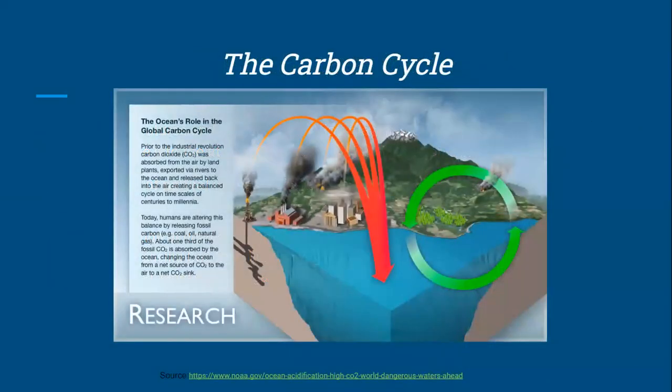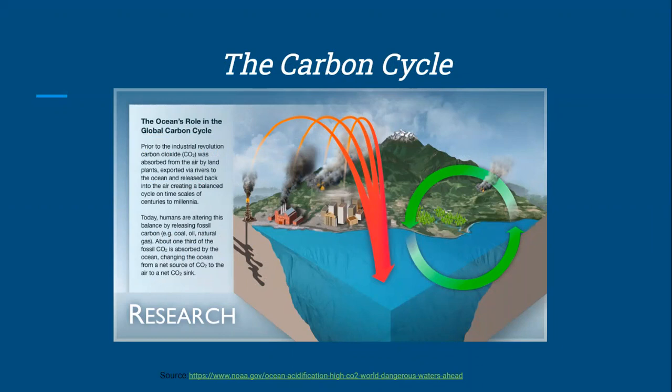Thank you, Daniel. The carbon cycle over the past 200 years has been knocked out of balance amid an unprecedented amount of CO2 entering the atmosphere due to human industrial activity. While the ocean used to be a net source of the world's carbon, meaning that it released more carbon than it took in, it has now become a carbon sink, meaning that it is retaining more of that carbon than it is releasing.